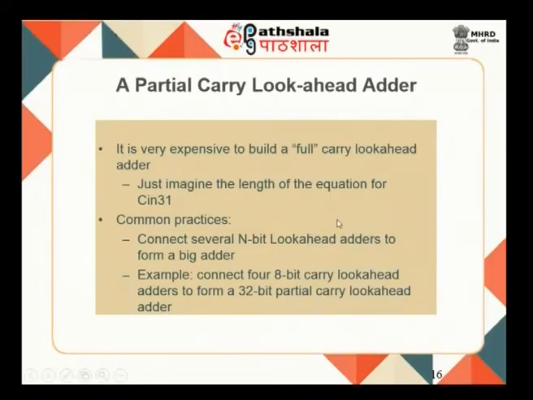So, what we try to do here is combine basic blocks which are practical. Say for example, if you have to build a 32-bit adder circuit, you can construct it as having 8 units of 4-bit adder blocks. So, that is a possibility.